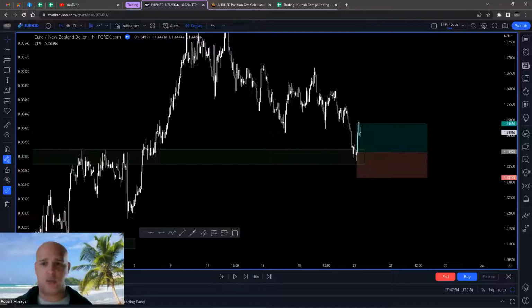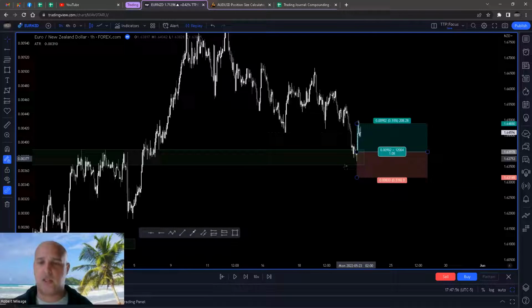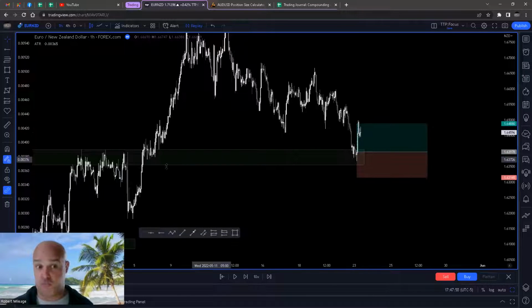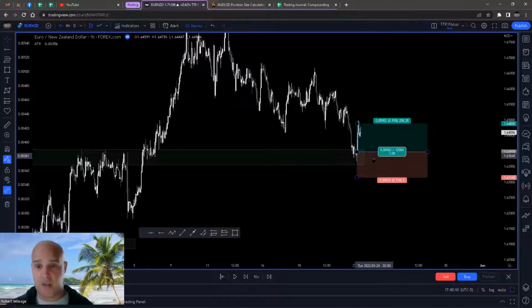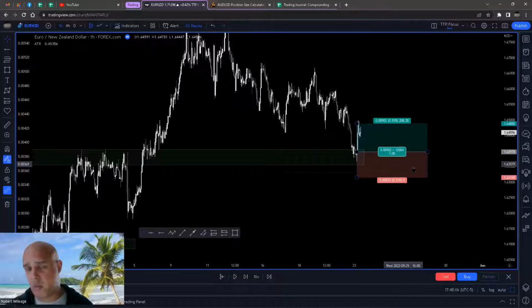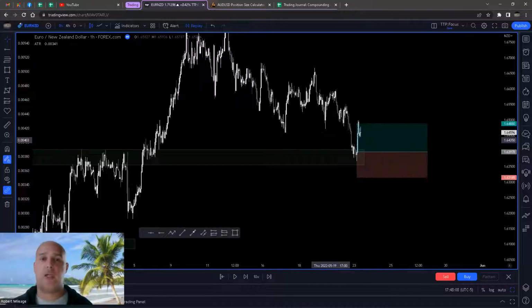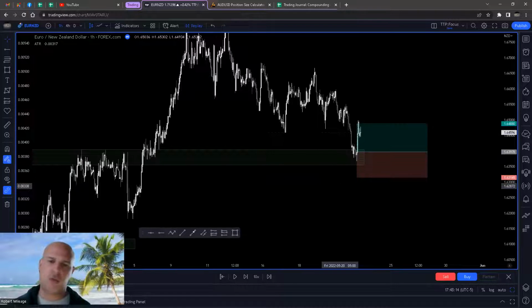Well, we took this trade because it bounced at resistance, turned support, bounced, showed a little bit of signs of failing to break back through, and went on after a wick rejection.